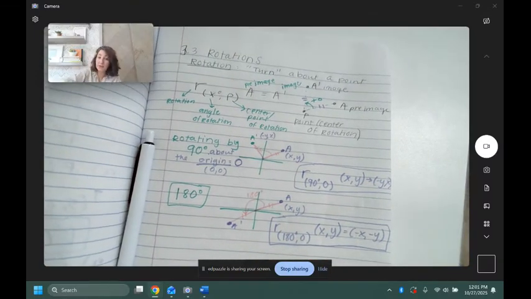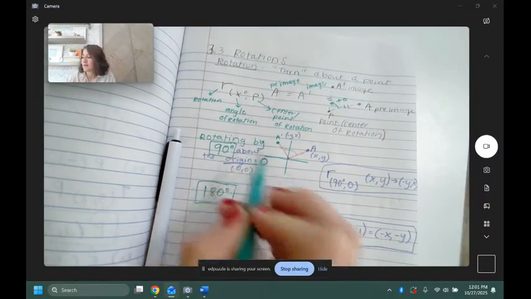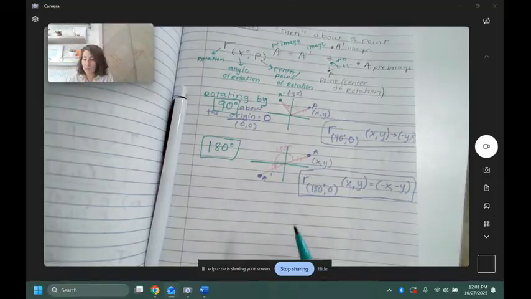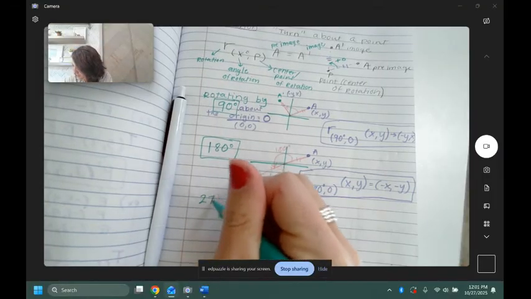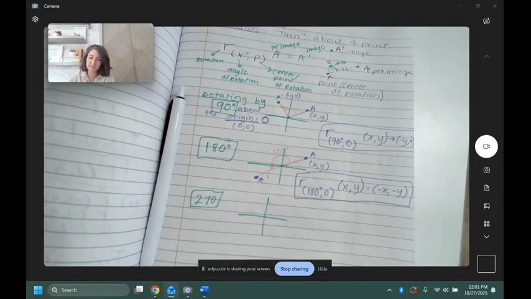And then the last one, 270, the last shortcut one where it doesn't change the values. 270 about the origin, so that would look something like this.